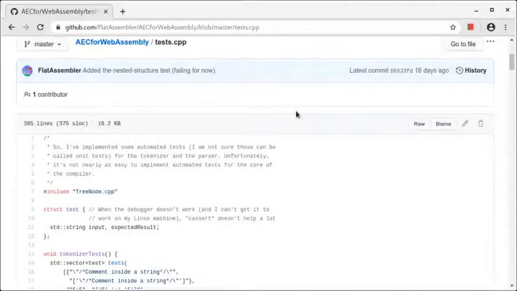Of course, some parts of the compiler, such as code generation, that is the part of the compiler that actually emits assembly code, are not so easy to test automatically, so I didn't bother with that, but many compilers do that. My testing code is 385 lines.